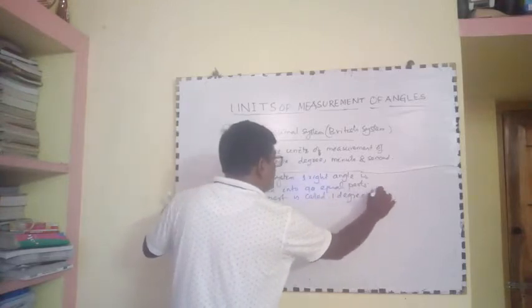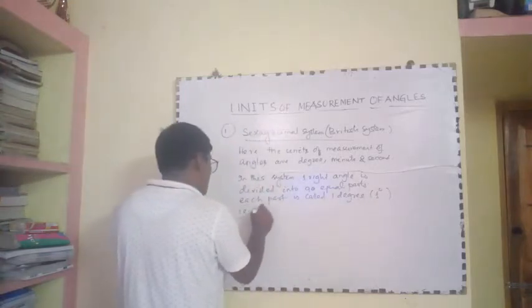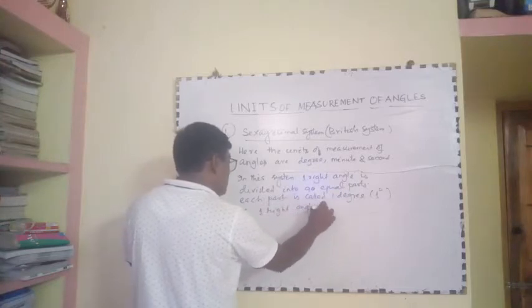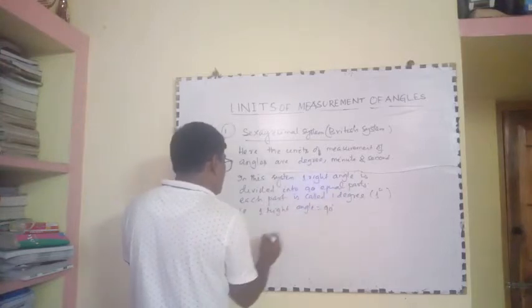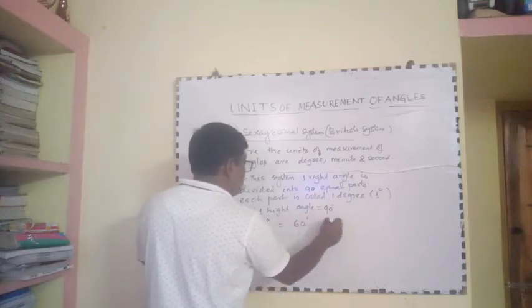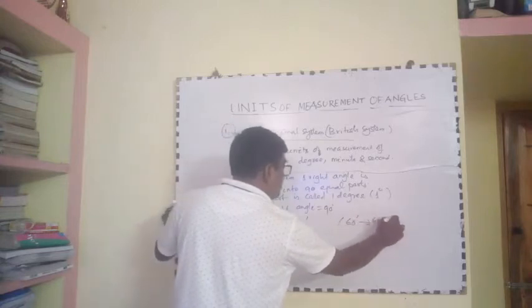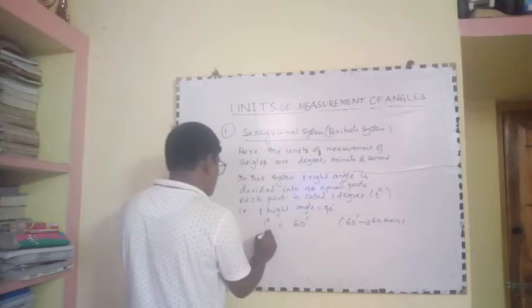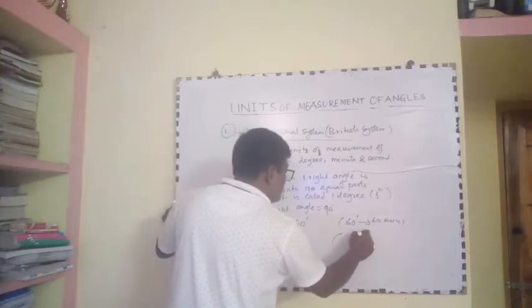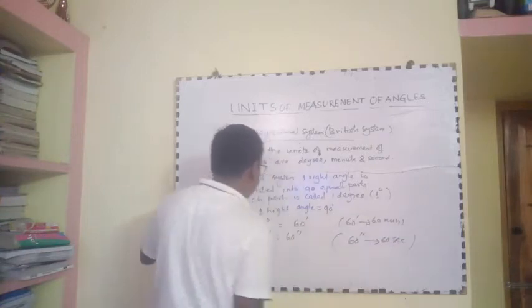Further, one right angle is equal to 90 degree. 1 degree is equal to 60 minutes, and 1 minute is equal to 60 seconds.